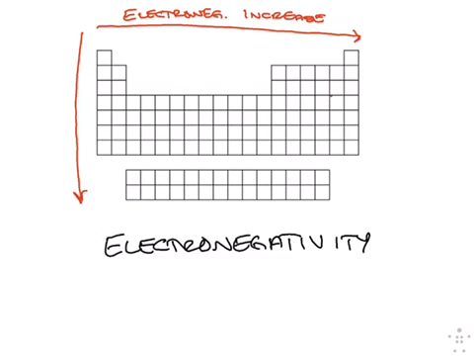Going down a group, electronegativity decreases. Why? It's because you've got a weaker Coulombic attraction as you go down these groups. Weaker Coulombic attractions mean you're not able to attract electrons as easily because the electrons are so far away from the nucleus at that point.